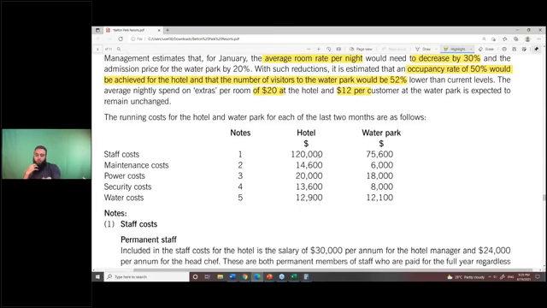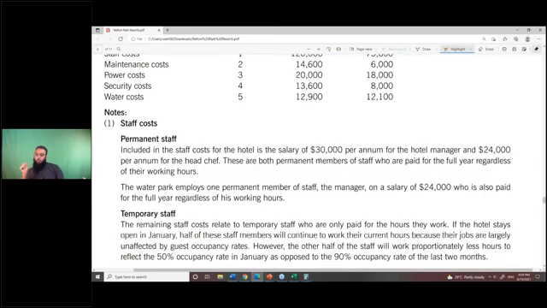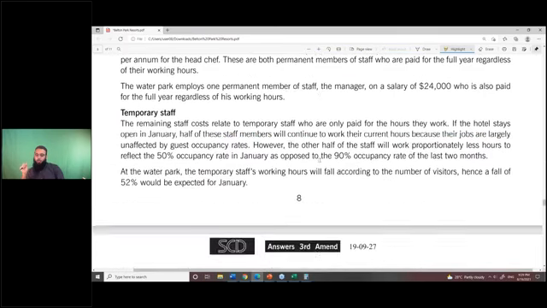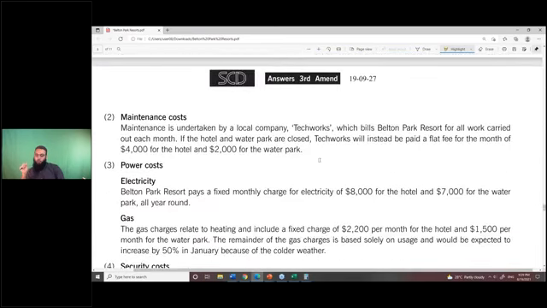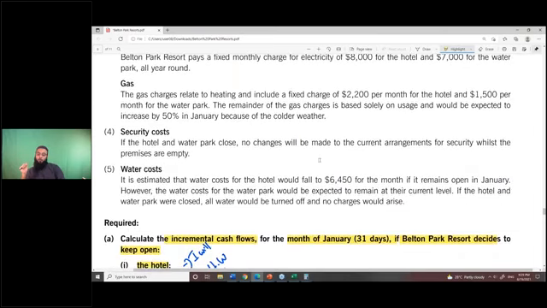The running costs for the hotel and water park for each of the last 2 months are as follows. You can see the cost of staff, maintenance, power costs, security, water costs, and you are given notes as well, which you have to read and complete your calculations. Because I have to take a decision whether to keep it open or not, first thing I need to do is start with the incremental income.